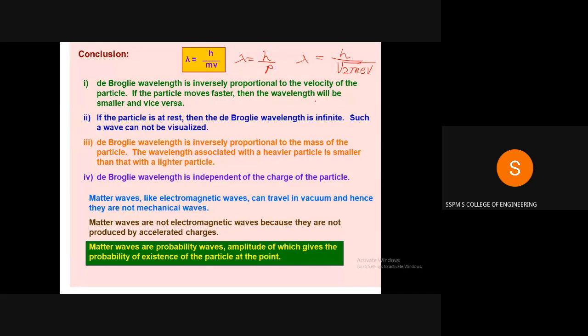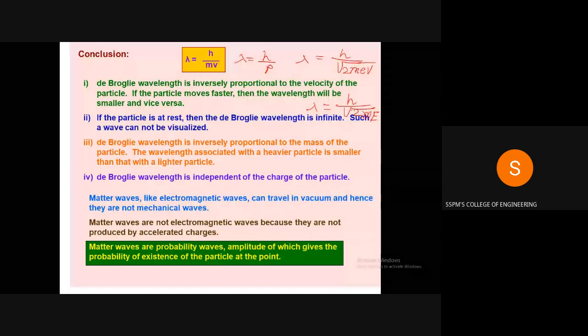Fourth form: lambda equals h by square root of 2 me. What is E? E is the energy of a particle which is moving with certain velocity v.